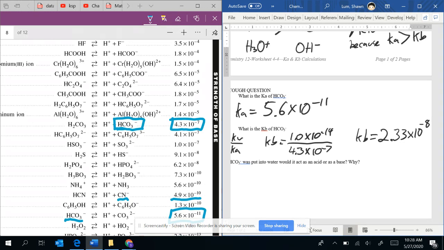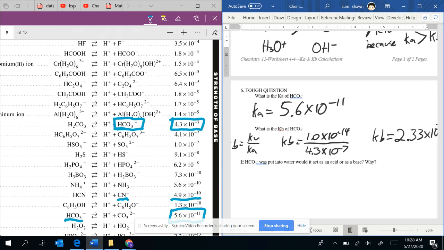Okay, so again, same question as before, if HCO3 was put in water, would it act as an acid or base? This time we have Ka is much smaller than the Kb.